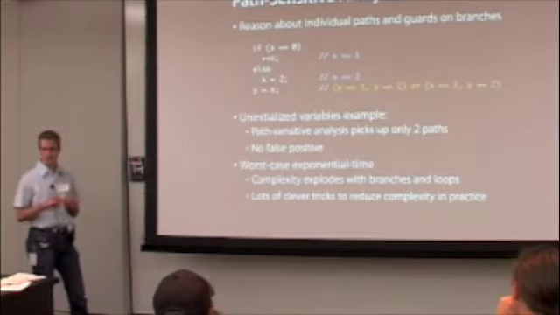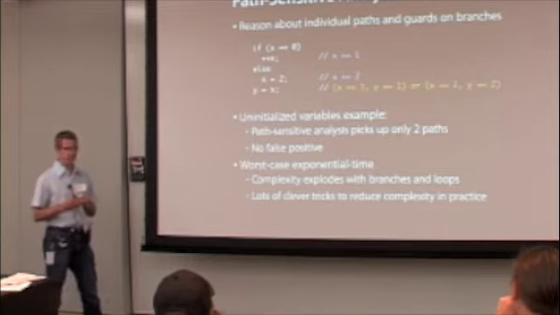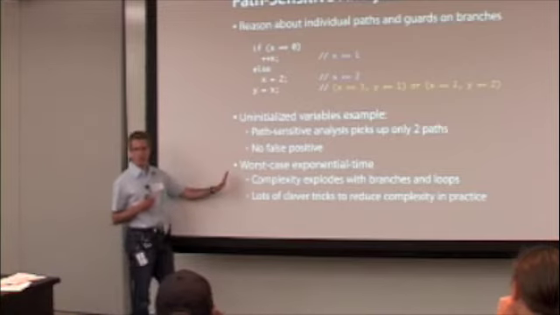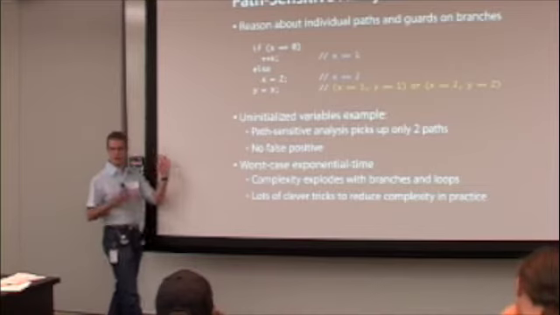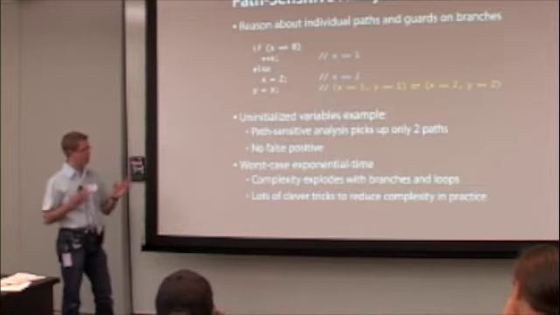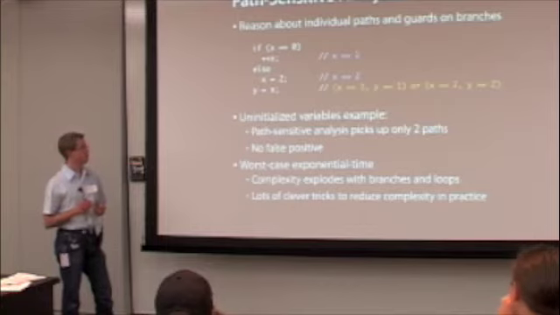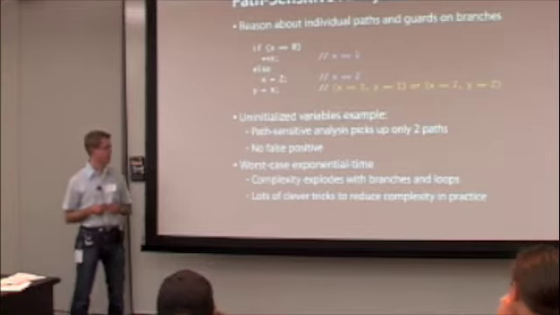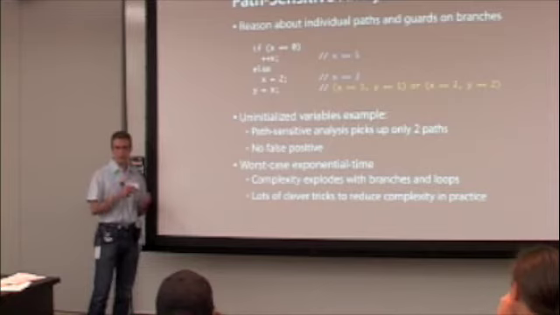The first is completeness. So we're going to bound the amount of work that we do, so we might not explore all the paths within the code. The other thing, which goes back to the false positive idea, is soundness. We might not necessarily prove that your program is absent of bugs.